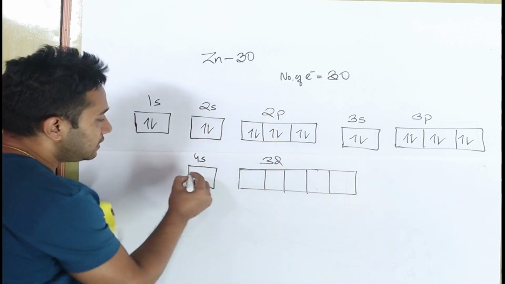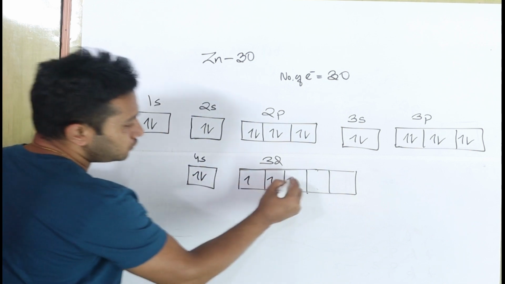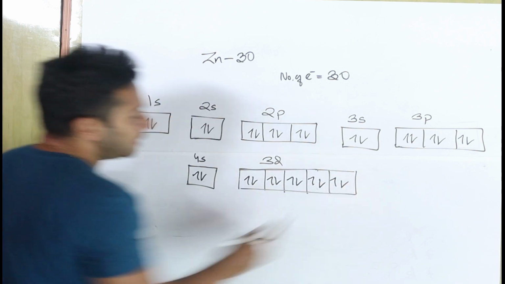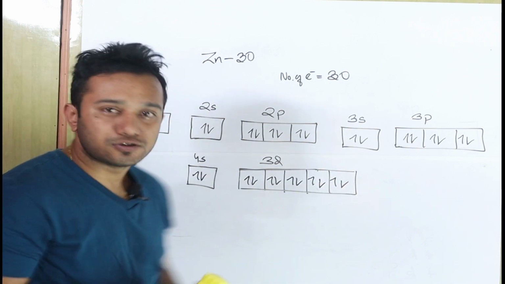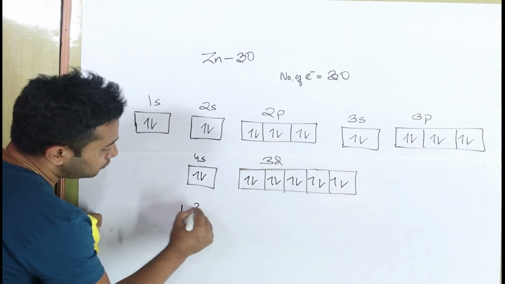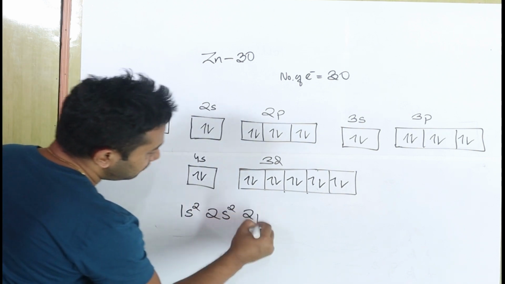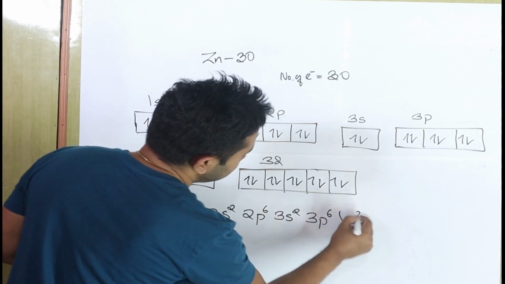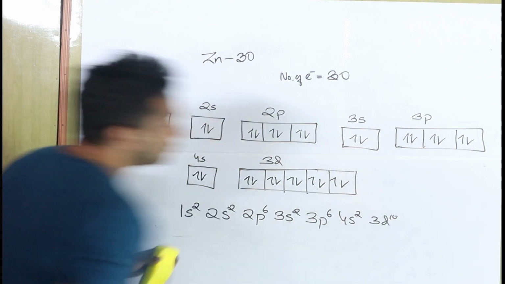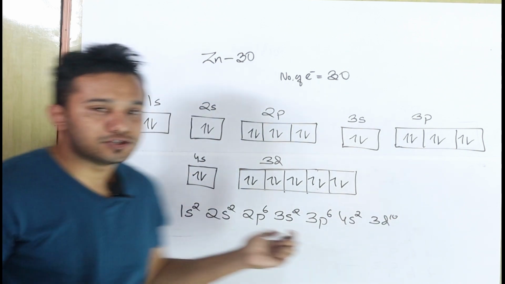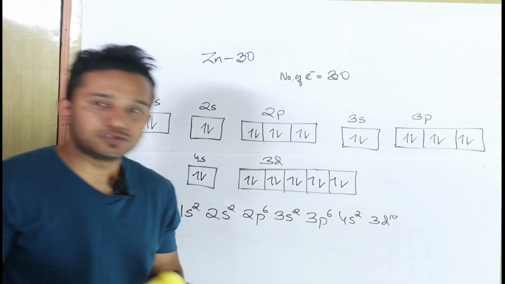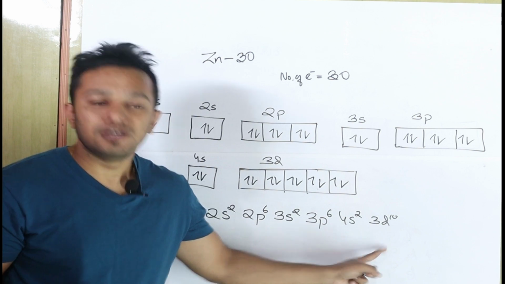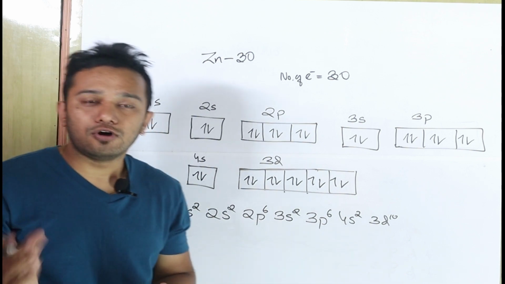Now again 18, 19, 20, 21, 22, 23, 24, 25, 26, 27, 28, 29, 30. So I have filled 30 electrons. The electronic configuration of zinc will be 1s2, 2s2, 2p6, 3s2, 3p6, 4s2, 3d10. So by this we finish writing all the electronic configurations.